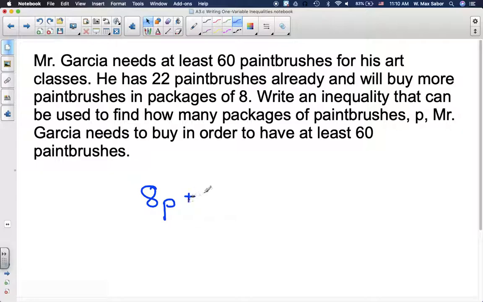He will also have the 22 that he started with. That needs to be compared to the 60, which is his goal. When we say at least, we know that it's going to be "or equal to." He should have greater than or equal to 60.